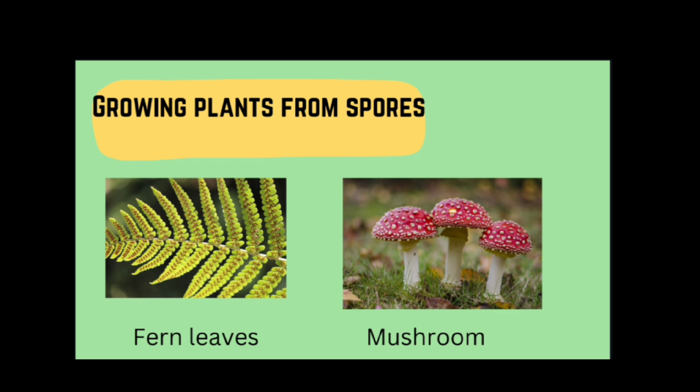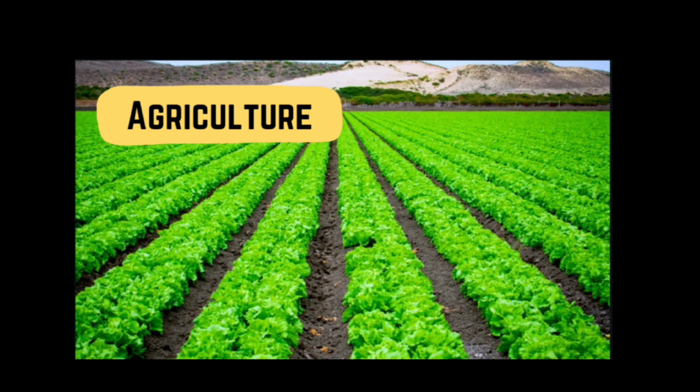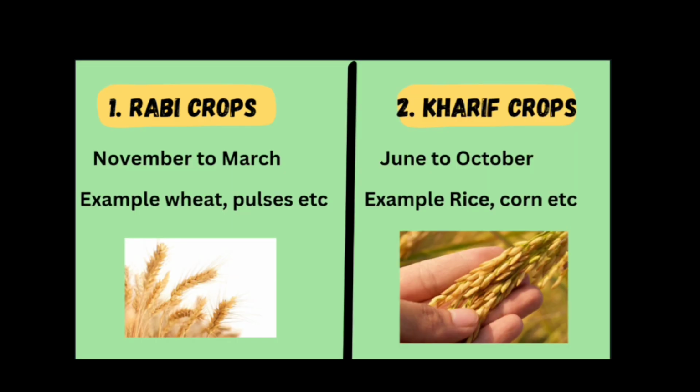Now, agriculture. Growing of plants on a large scale for food and other useful products is called agriculture or farming. The plants that are grown for food and other useful products are called crops. Crops on the basis of soil and climate in India are categorized in two forms, Kharif and Rabi.